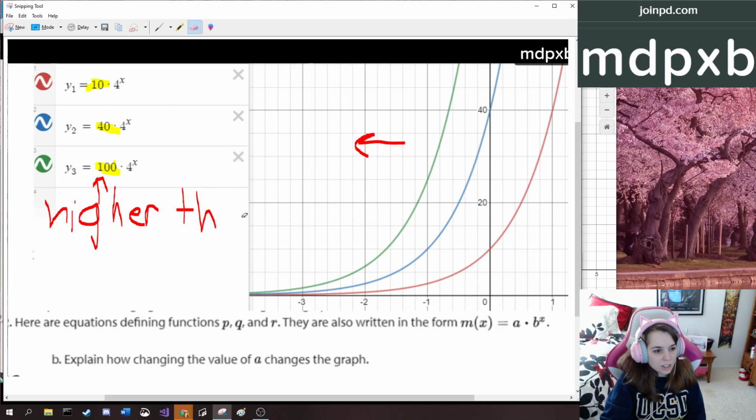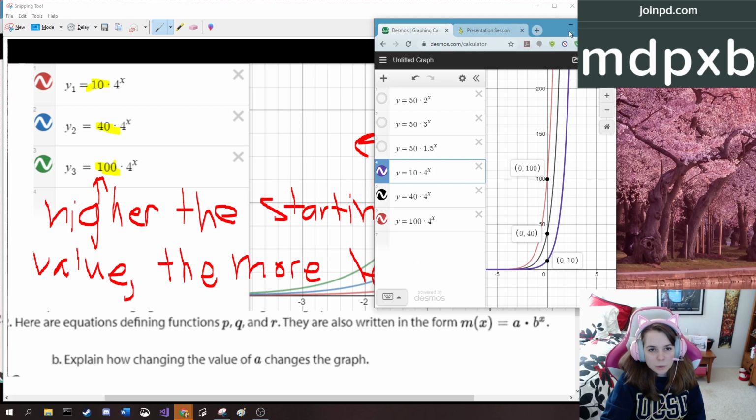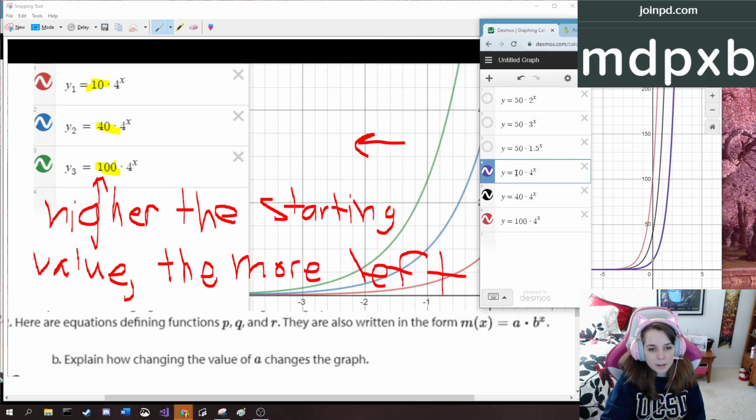The higher the starting value, the more to the left your graph is going to be. And just to see if this is always true, if we had a negative, or sorry, if we had a fraction.